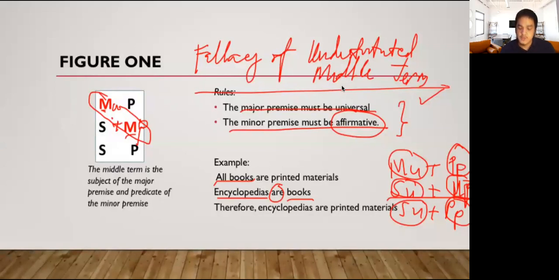Now, let us try to make a valid syllogism using figure 1. The rule states that it must start with a universal statement, or a universal major premise.